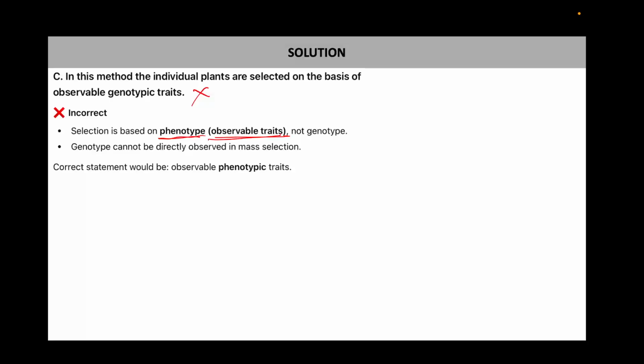Of course, at the back end the better genotypic traits are carried forward, but they are not considered. If it said phenotypic traits instead of genotypic traits, the statement would have been correct. But for now, it is wrong.